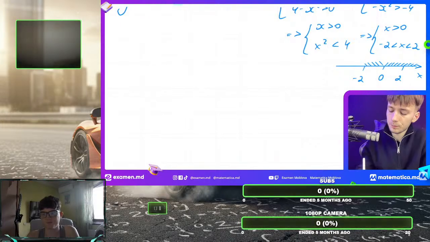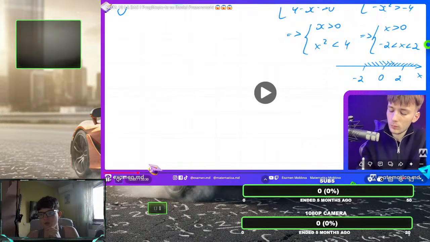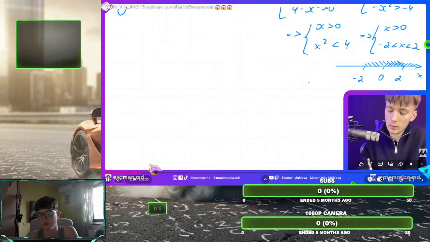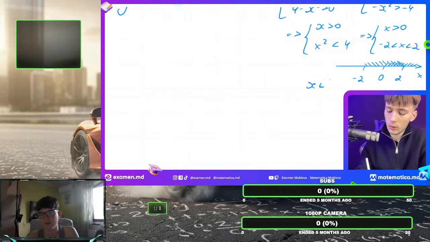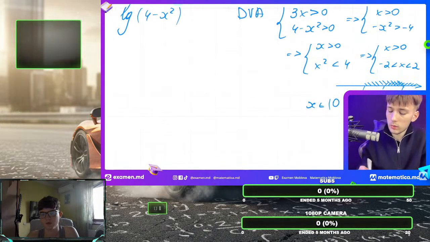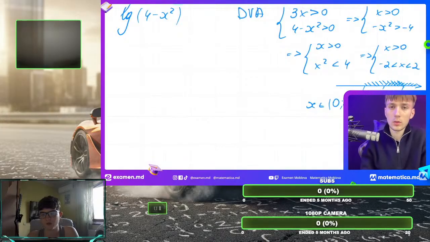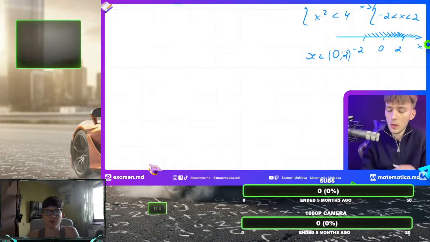Then we have from basically bigger than -2 all the way, and then lastly from 2 till minus infinity, so we should be actually from 0 till 2, stuff like that, right? That's where all the values are being intersected. So he's writing down the DVA as from 0 till 2. So I got that right.